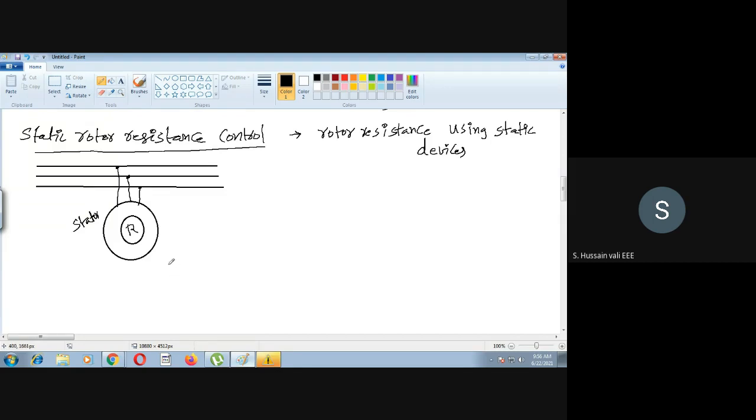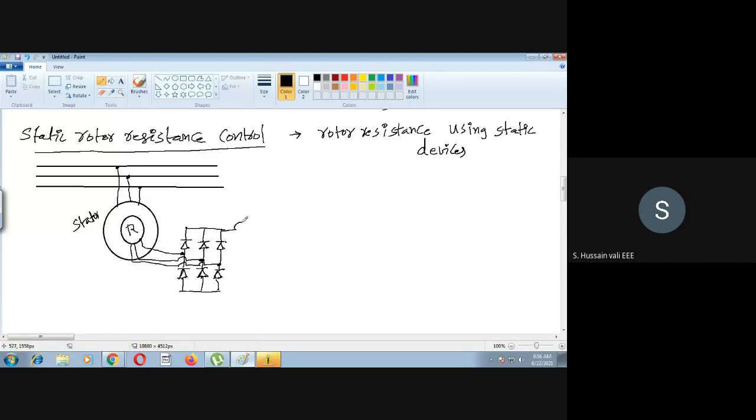The circuit you will find for the rotor is that there is a three-phase rectifier. You tap the three phases of the rotor here.